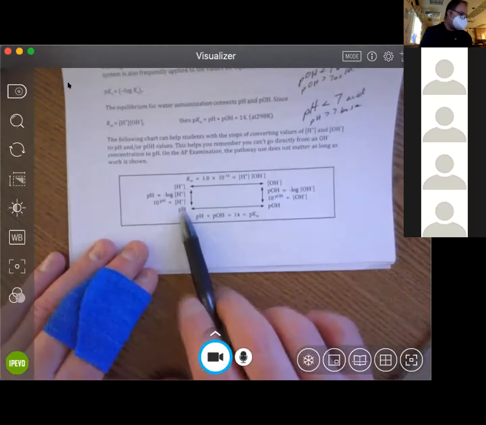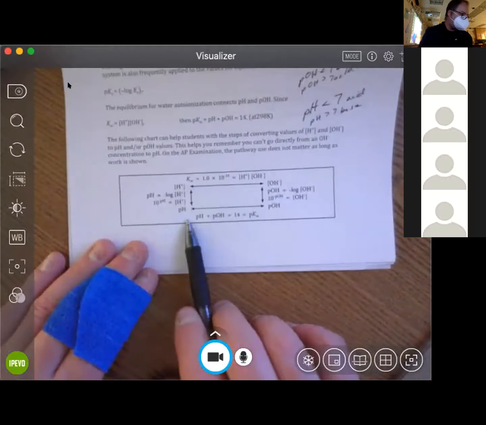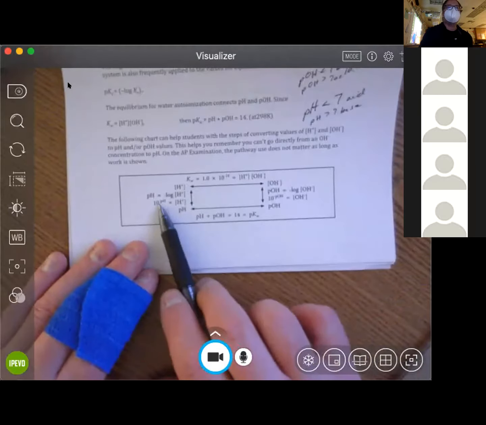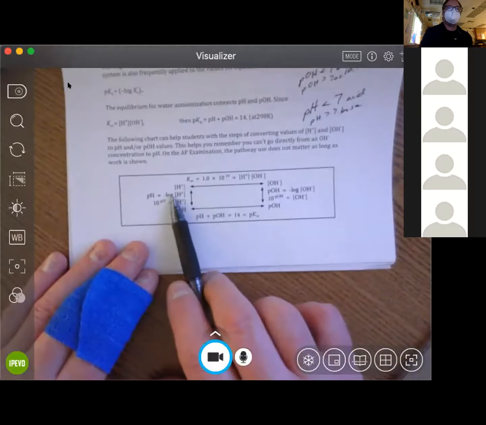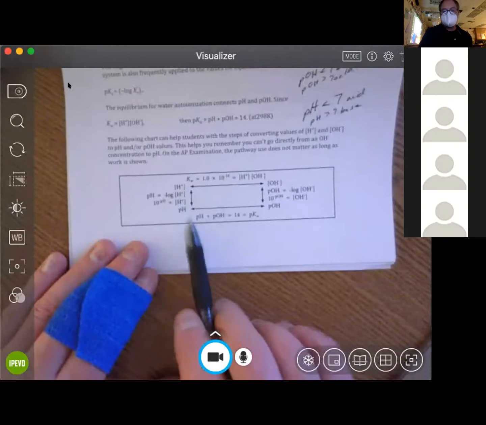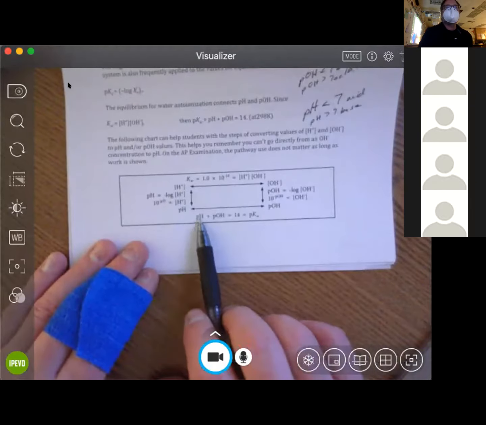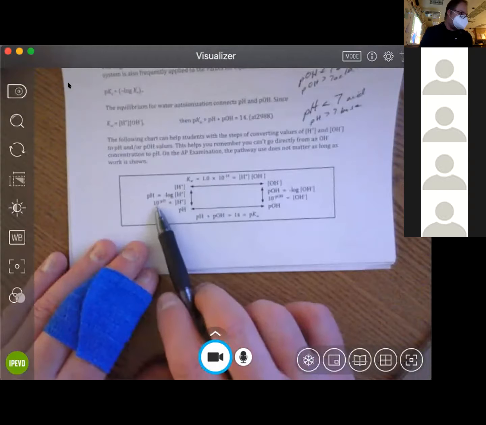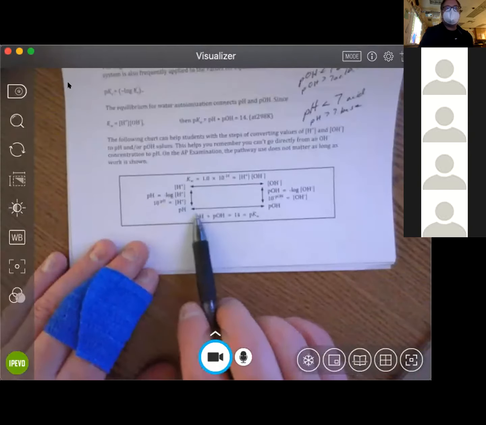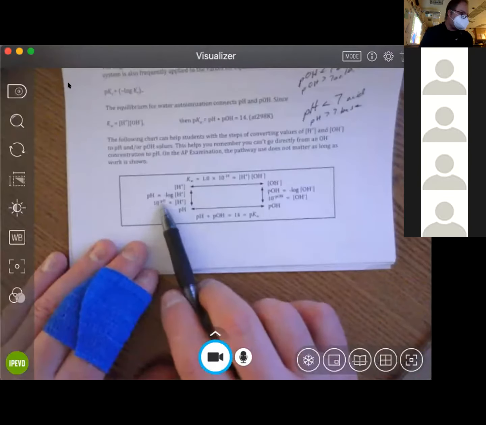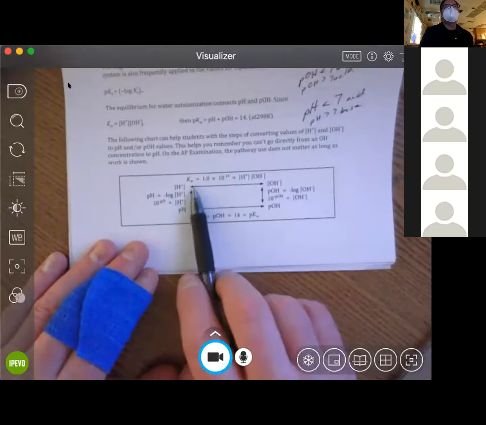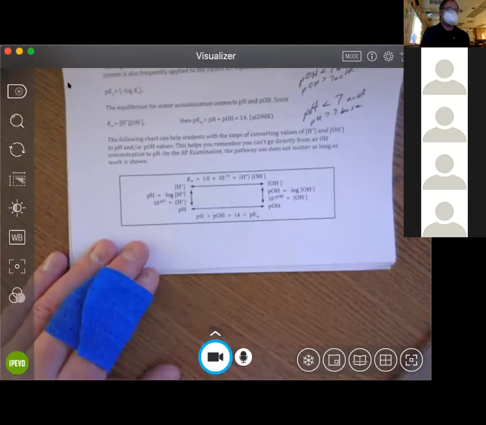If you have pH and you want the hydrogen ion concentration, well, if this is the negative log of the hydrogen ion concentration, is parts hydrogen, then 10 to the negative of the pH, or what we would call the antilog of the negative pH, gets you the hydrogen ion concentration.